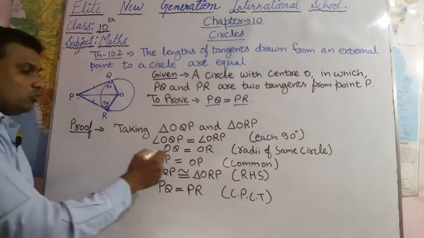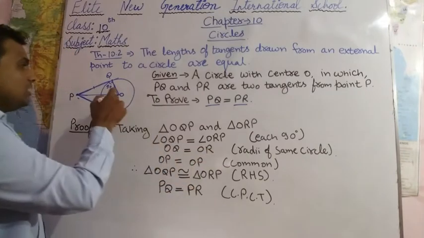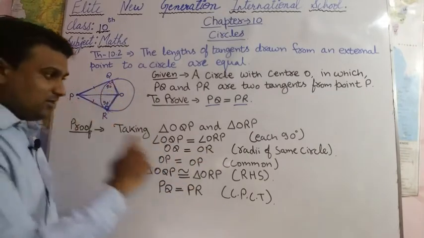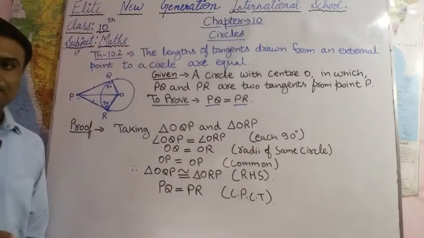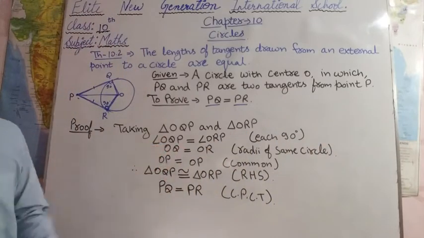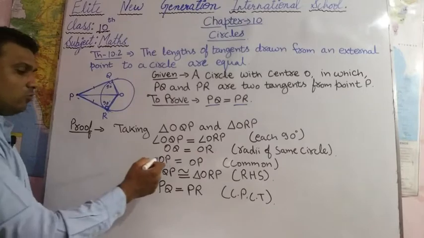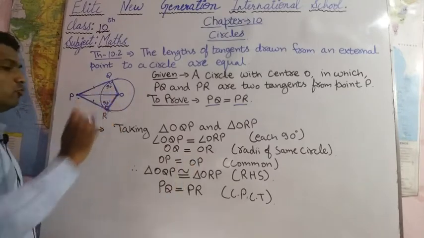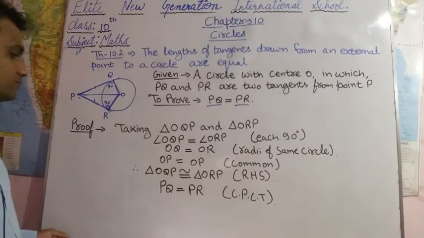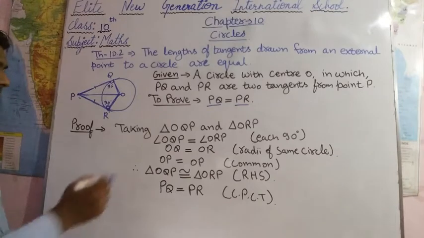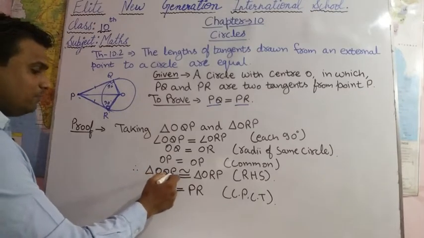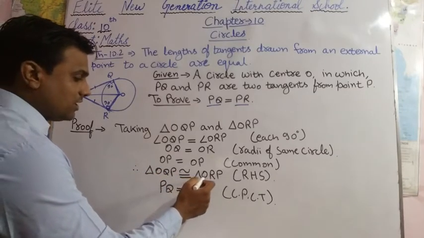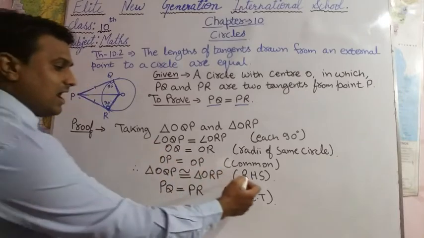Now OQ equals OR, because they are radii of the same circle, and in a circle radii are always equal. Here OP equals OP, as OP is common. Therefore triangle OQP is congruent to triangle ORP by RHS.